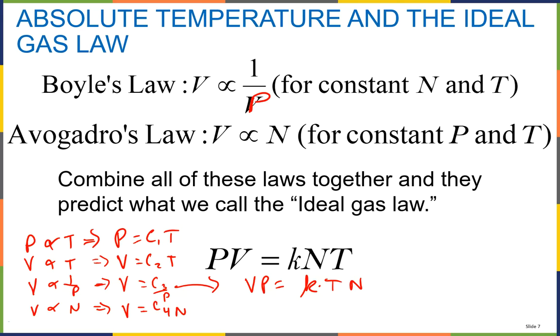And I have what we call the equation of state for an ideal gas. It's an equation of state because a state is a specific value for the macroscopic variables pressure, volume, temperature, and number of molecules. So the ideal gas law, PV equals KNT, where K is a constant. K has a name. It's the what? The Boltzmann constant, yeah. So that's the ideal gas law.